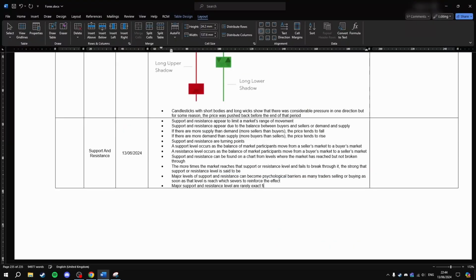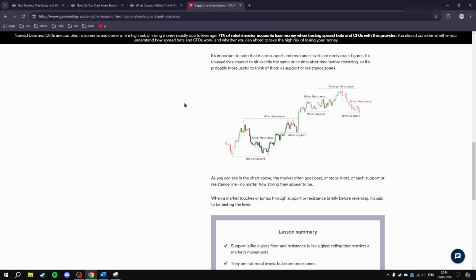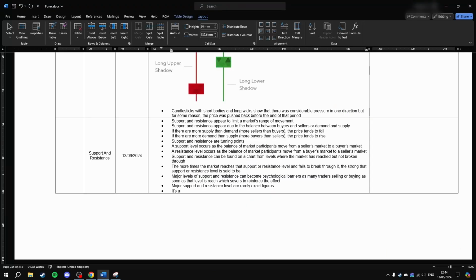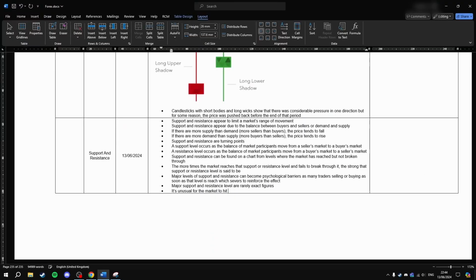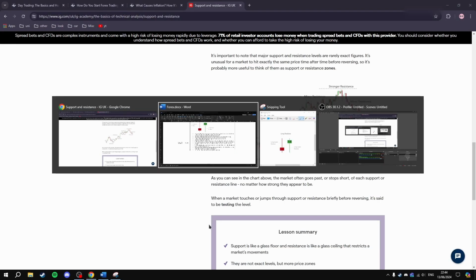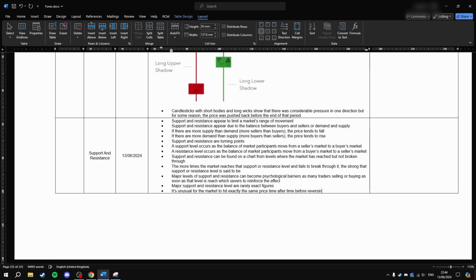It's unusual for a market to hit exactly the same price time after time before reversing.